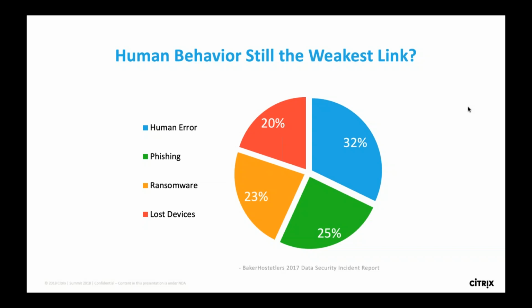But we decided to go with security analytics first, because it is the hardest thing to do, and it is often the one feature that Citrix administrators can actually help the organization with more easily.